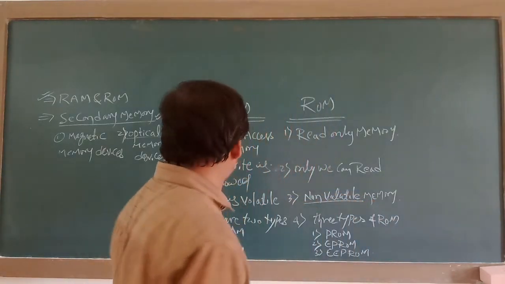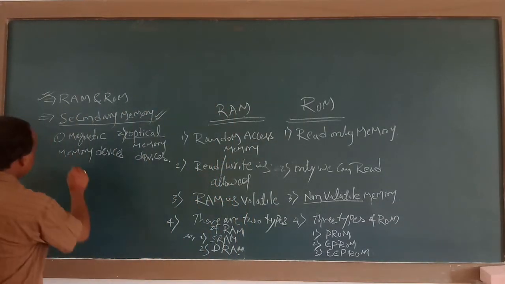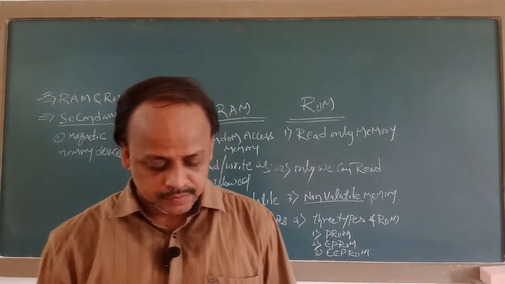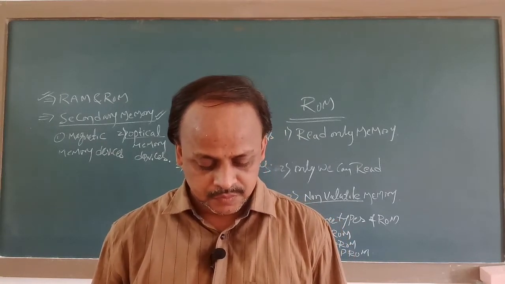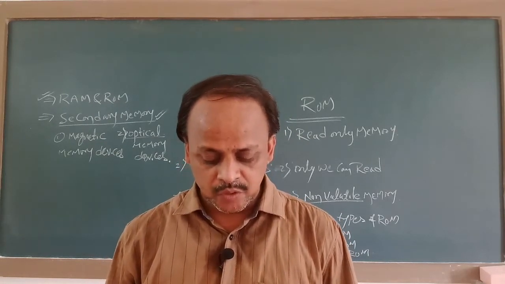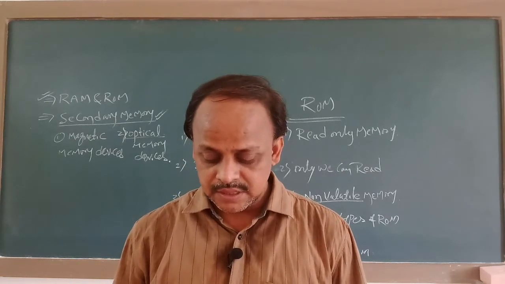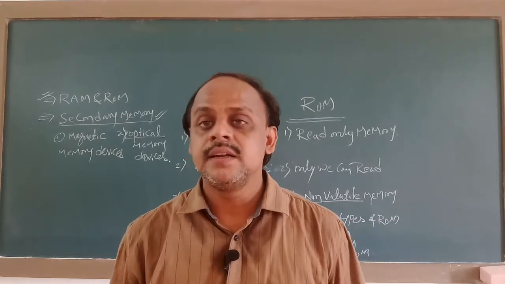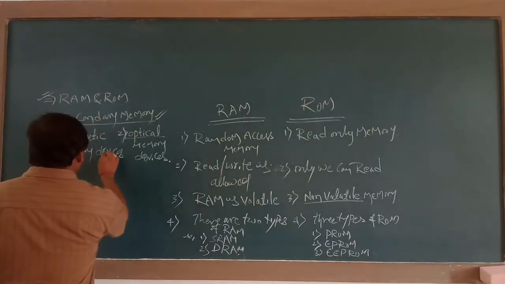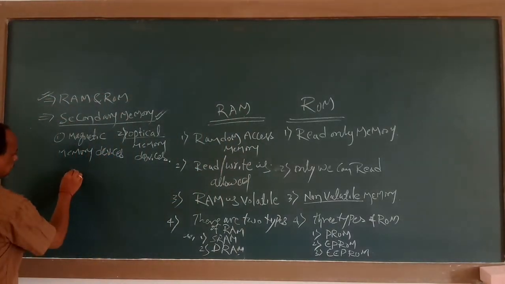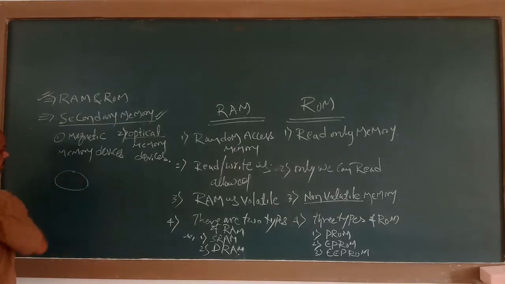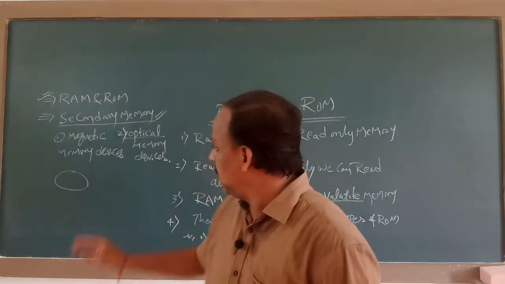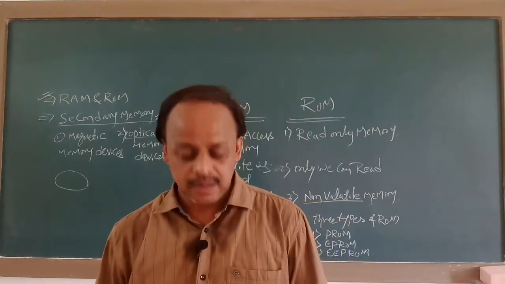Means these magnetic devices are in a thin circular form, and the information is stored on both sides of the circular magnetic plate.